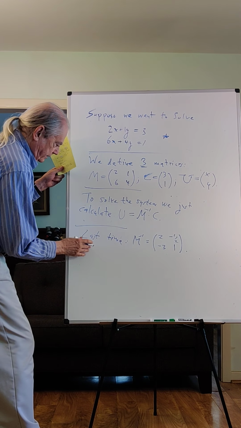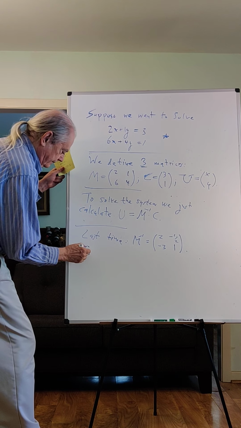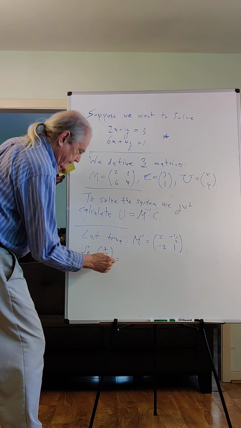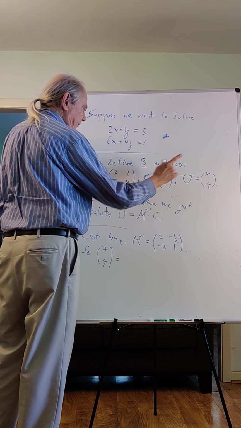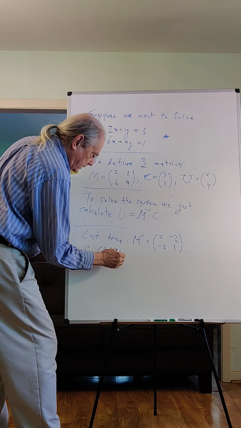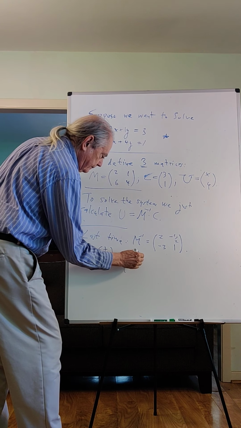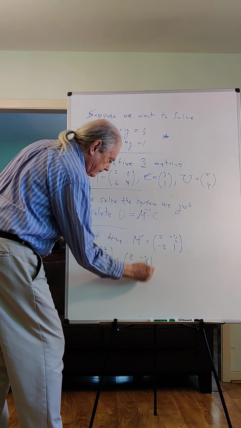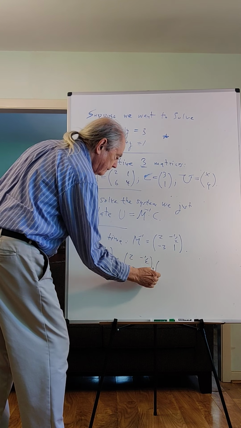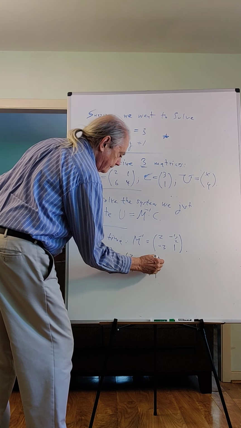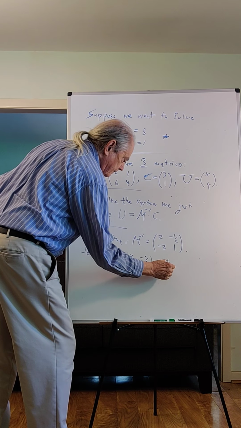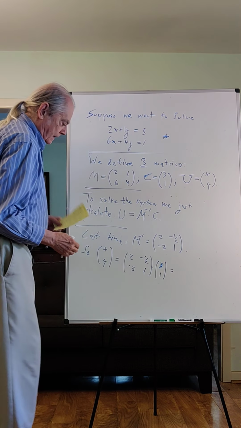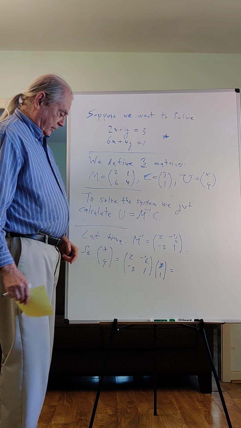Okay, and now we calculate x, y. So it's this matrix times this one. Okay, 2 by 2, 2 by 1, so we can multiply.